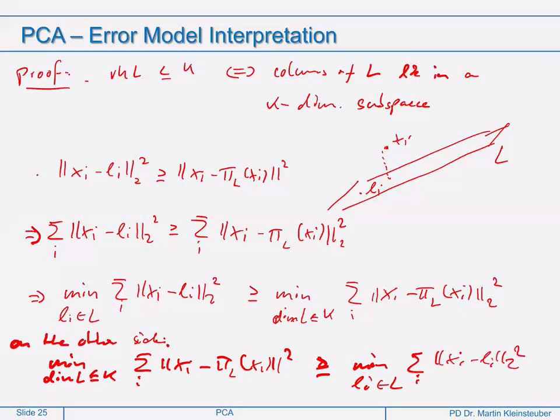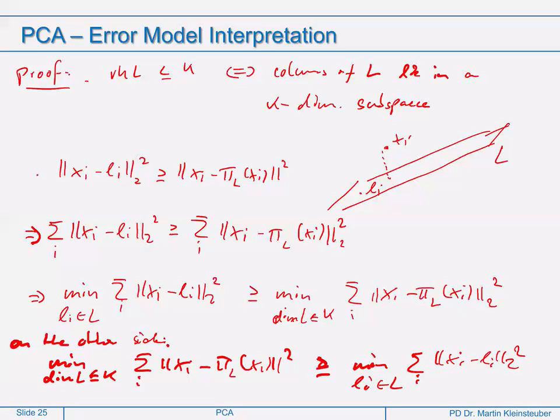Right? Why is that the case? Because on the left-hand side you have a subset of possible solutions compared to the right-hand side. On the right-hand side, you say, well, I want to minimize this function, taking into account all possible Li that lie in a low-dimensional subspace.